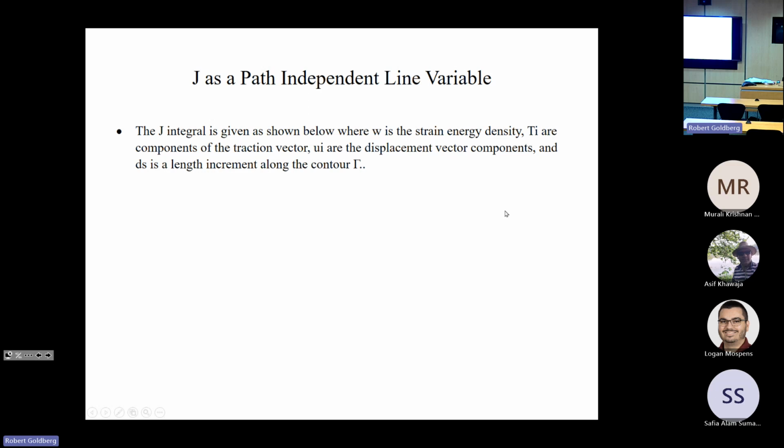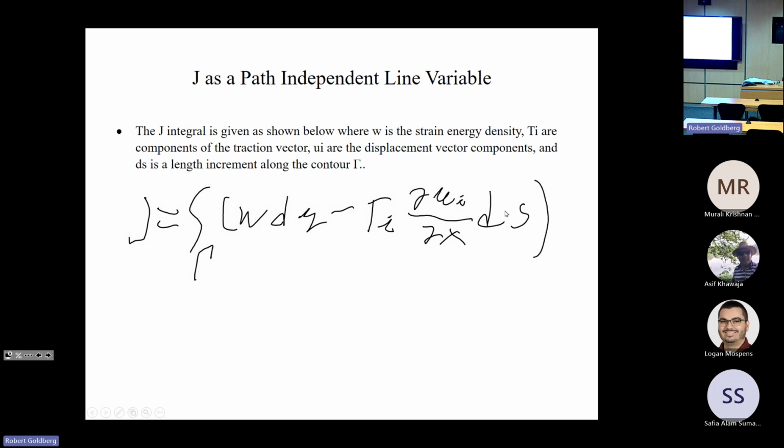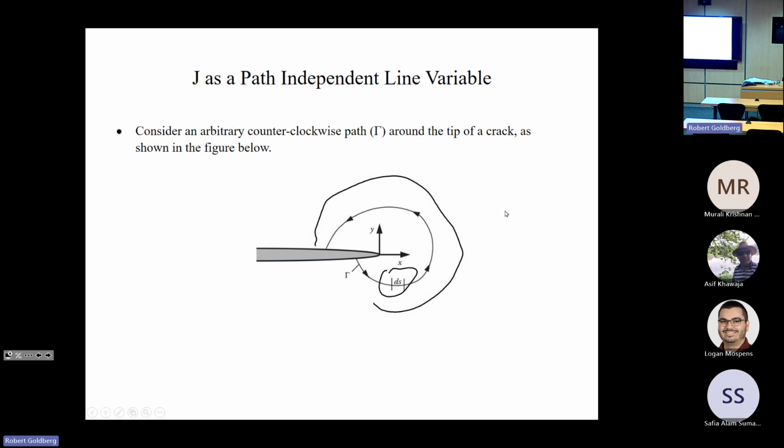For this case, J is equal to the integral over our path of W, which is the strain energy density, times dy, where we define our x and y coordinates here, minus the traction, which we'll talk about in a second, times the derivative of the displacement with respect to the x direction, multiplied by the increment ds, where ds, as shown here, is just the increment along the contour that we defined.